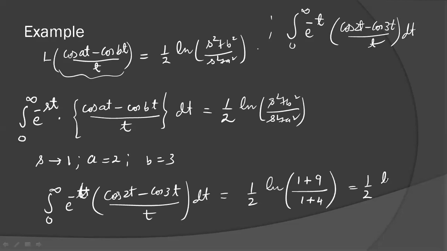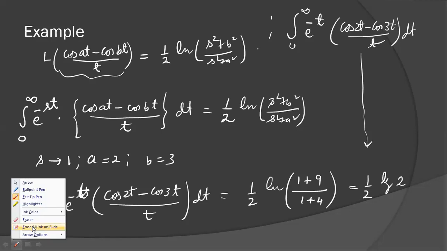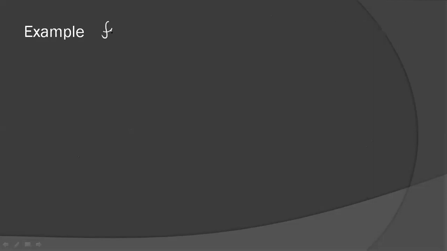So it will be log 10 by 2 means 10 by 5, so 1 by 2 log 2 is the value of this integral, which is very easy by Laplace transformation, but very, very difficult to find using simple integration methods. I'm giving you one problem as homework: find the Laplace transform of sine omega t over t.